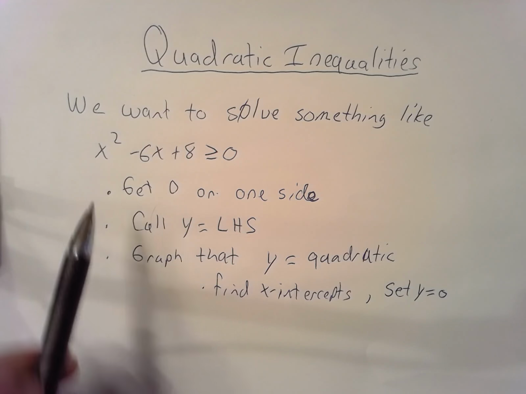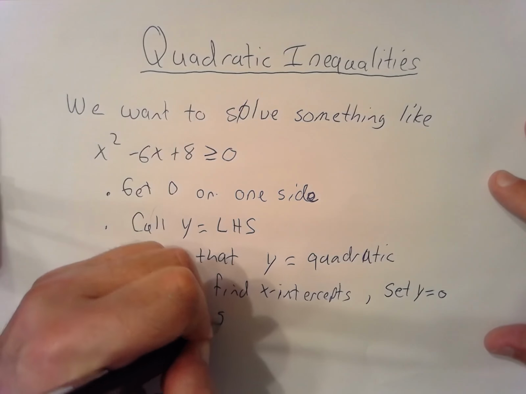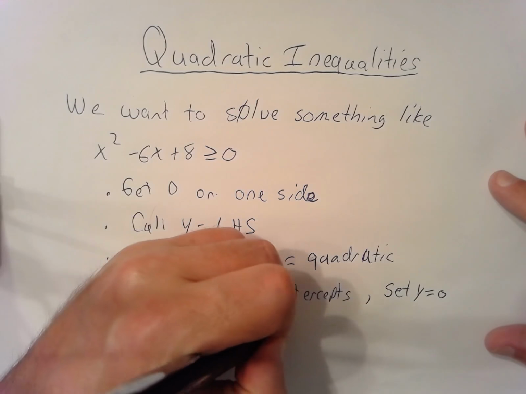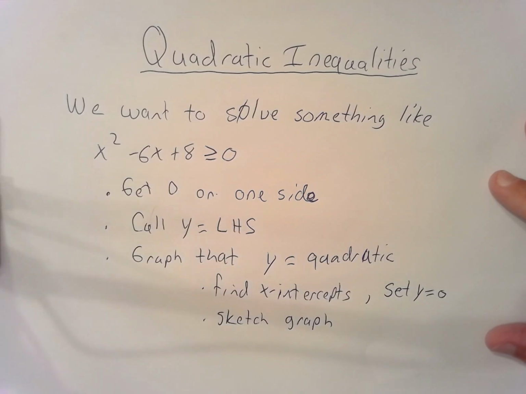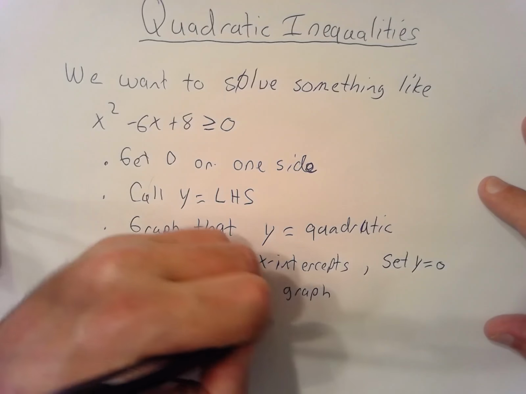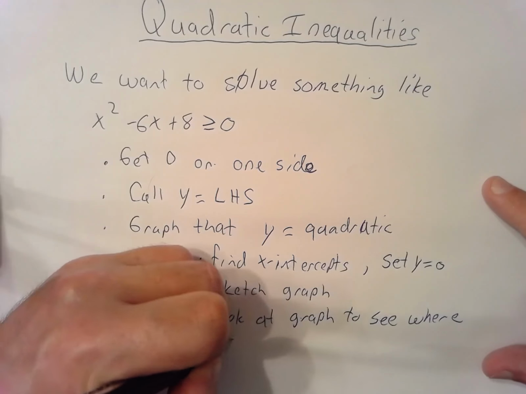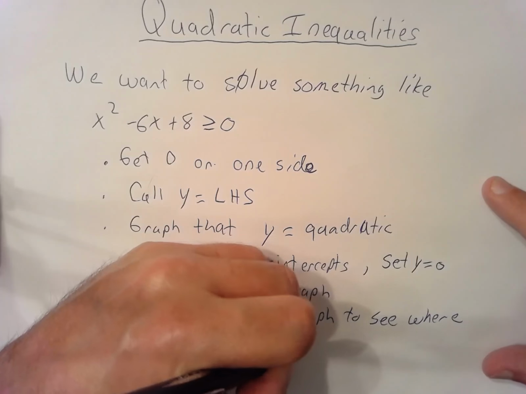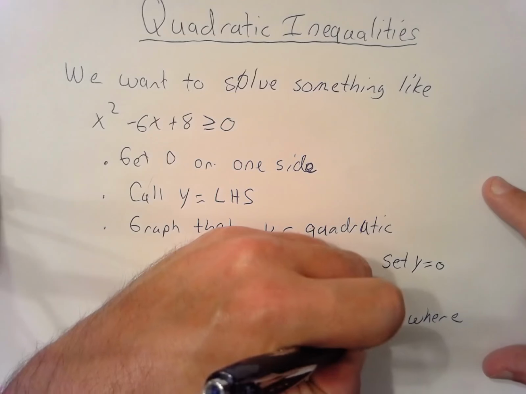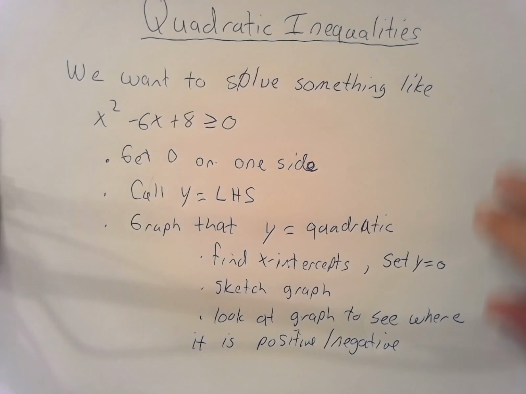What we're doing is just solving some function equals 0 to find x-intercepts. We sketch the graph. And then we look at the graph to see where it's positive or negative. And when I say positive or negative, I'm talking about y values.